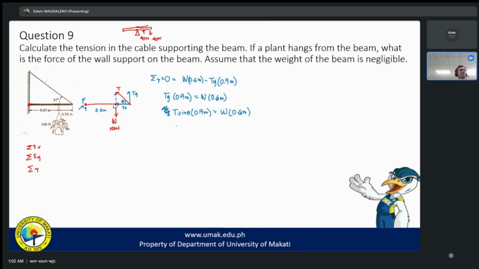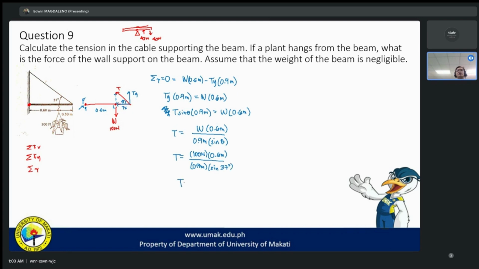So the tension should be equal to the weight times 0.6 meters divided by 0.9 meters times the sine of theta. If we put the values, we have tension equal to the weight, which is 100 newtons, times 0.6 meters divided by 0.9 meters times the sine of 37 degrees.